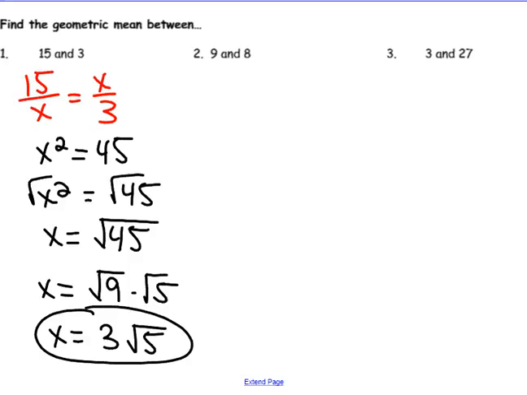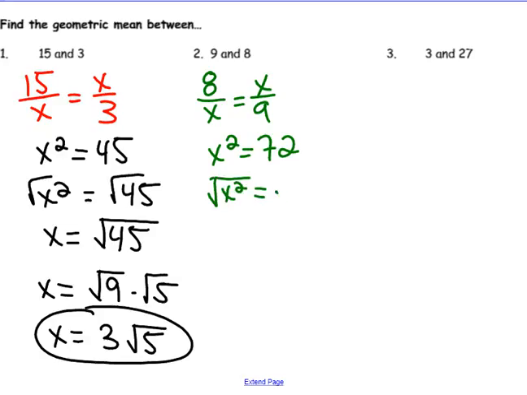Now if I do number 2, the geometric mean between 9 and 8, let's do 8 over X equals X over 9. We're going to cross multiply. So we get X squared equals 72. Take the square root of both sides. And we get X equals the square root of 72.